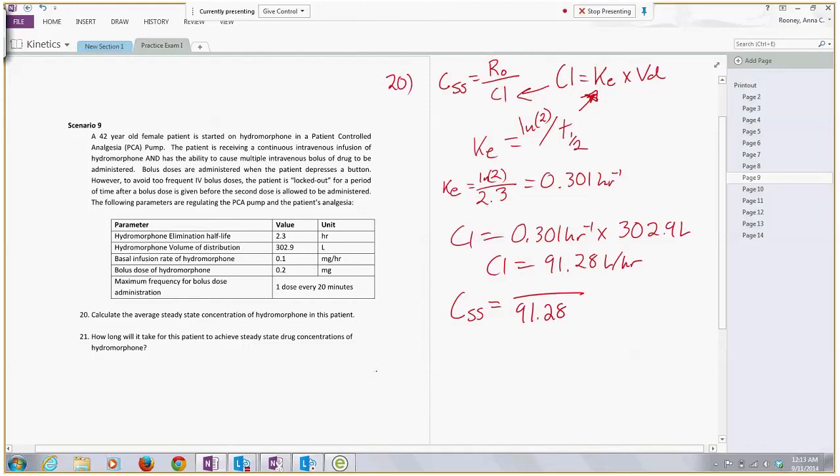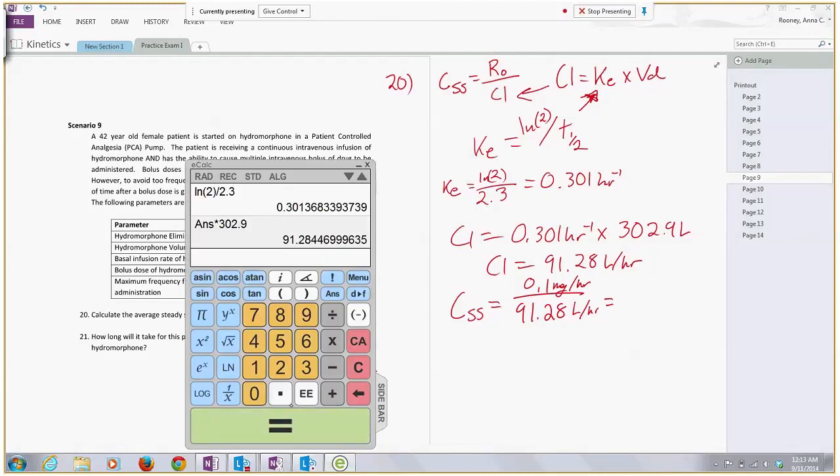And then the rate of infusion is that one. So that is 0.1. They don't tell us how fast the patient is shoving themselves full of hydromorphone. So we assume that the patient is perfectly happy and okay with what they have. And let me see, 0.1 divided by the answer that we previously got.